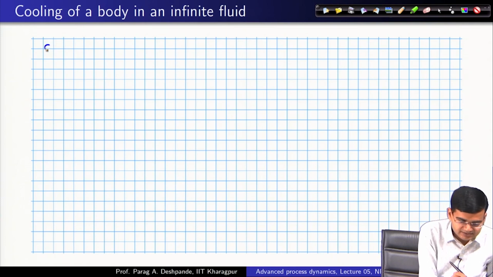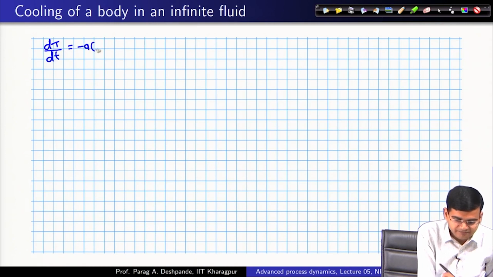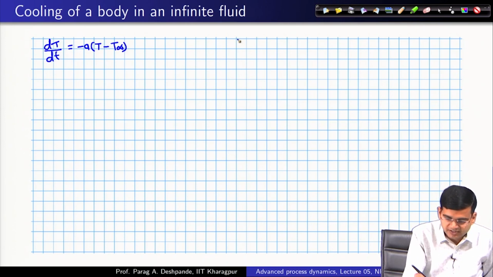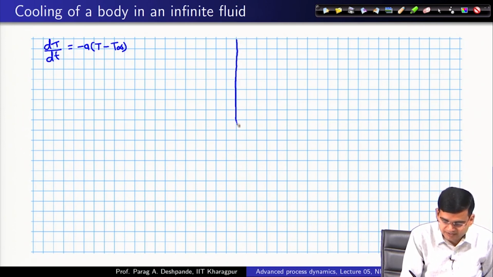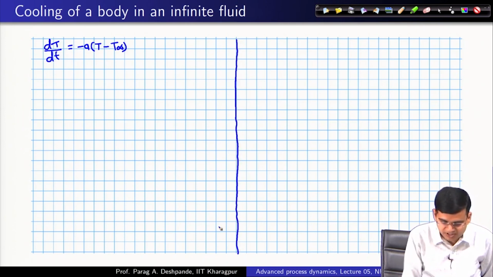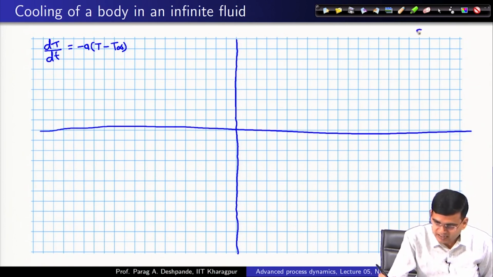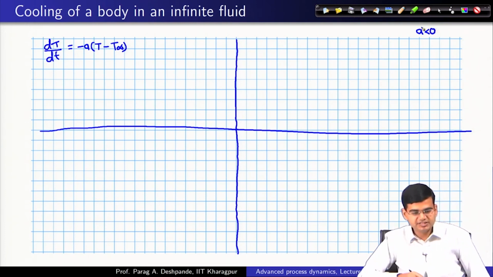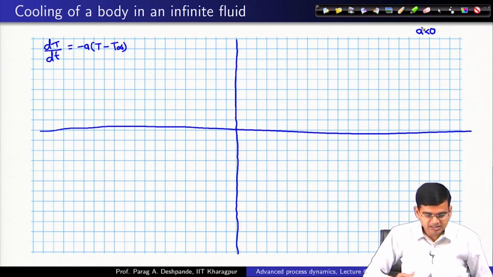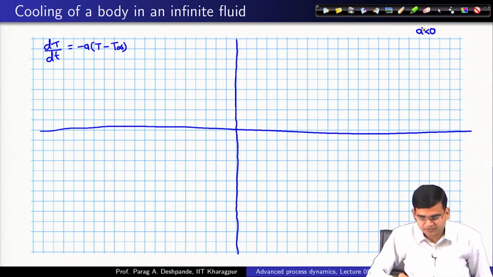Let us write dT by dt is equal to minus A (T minus T infinity), and now we are trying to develop a phase portrait for a situation where A is less than 0, making the overall coefficient of the exponent to be positive.